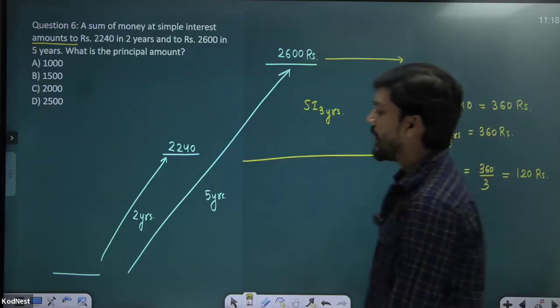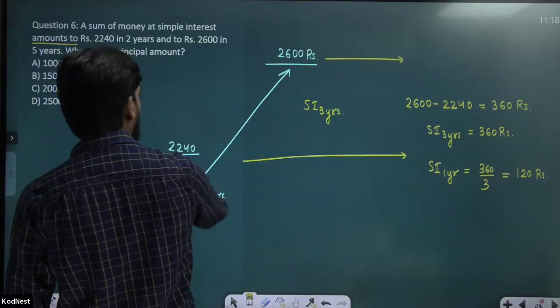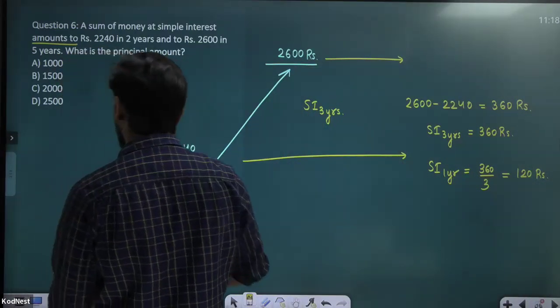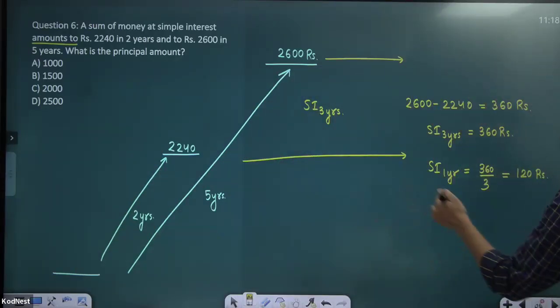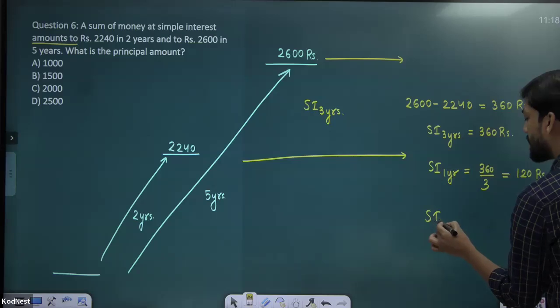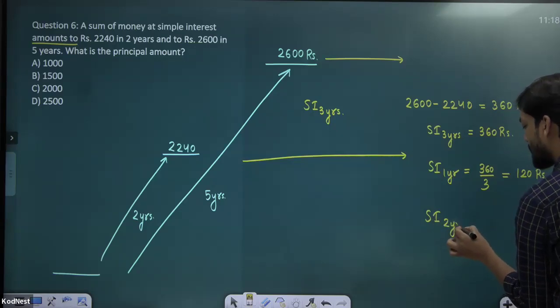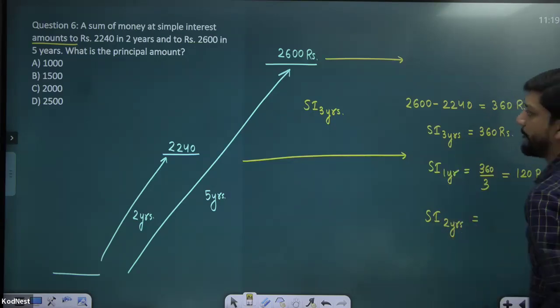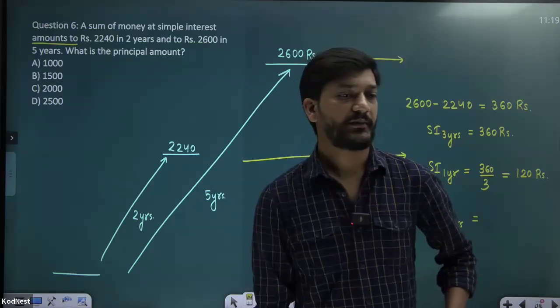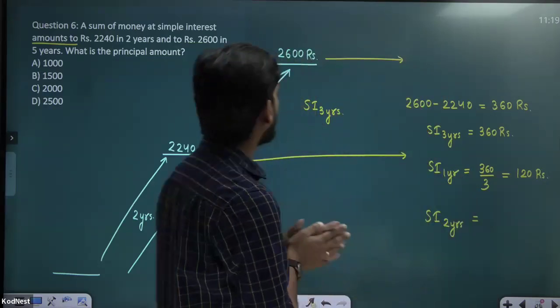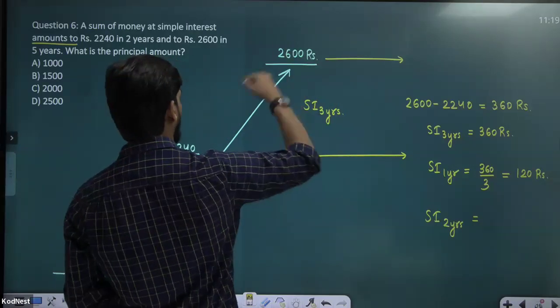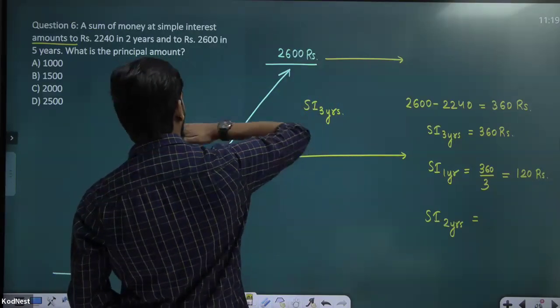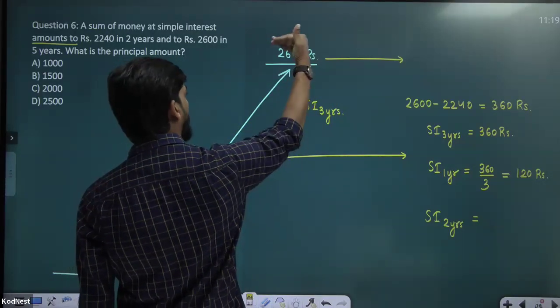All right. I want interest of 2 years or interest of 5 years so that I can calculate the principal. So suppose I calculate simple interest for 2 years. Simple interest of 2 years, how much? Answer please. For 3 years, it is 360 rupees. The difference of these two, it is 2, it is 5. After 2 years account balance, after 5 years account balance.